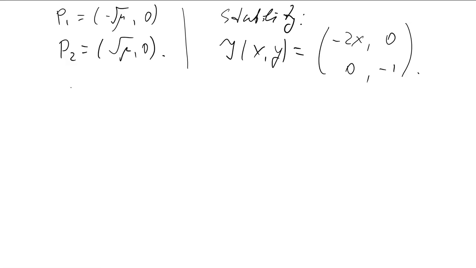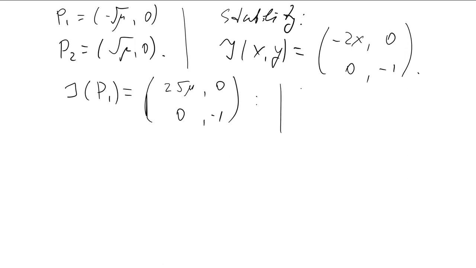And now we need to find the Jacobian at, say, P1. And the Jacobian at P1 is 2 square root of mu, 0, 0, minus 1.